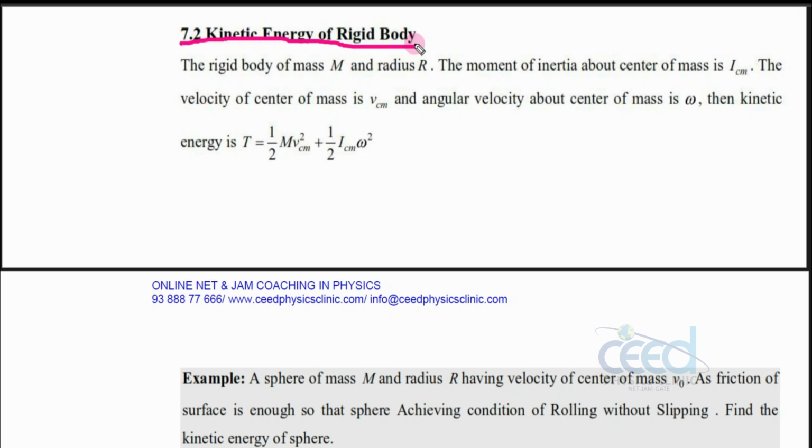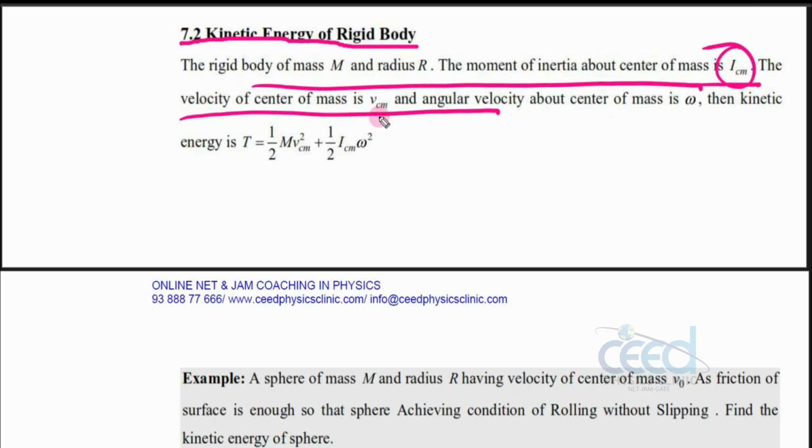Suppose a rigid body of radius r has moment of inertia I center of mass about the center of mass axis, the velocity of the center of mass is v center of mass, and the angular velocity of the rotating body is omega.